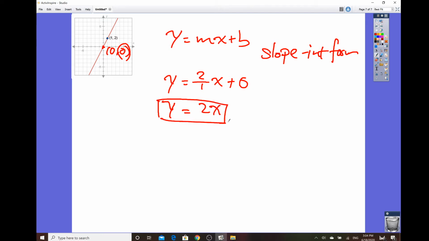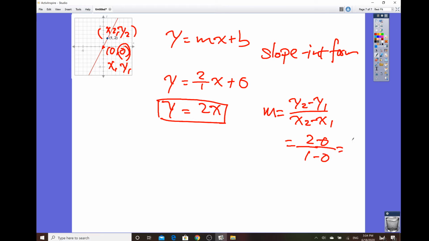That's it. Another way you can find the slope is by using the slope formula, which is y2 minus y1 over x2 minus x1. Since we do have 2 points, we can use the slope formula. We'll just label it: 0, 0 is x1, y1, and 1, 2 is x2, y2. So using the slope formula, we have y2 minus y1, so 2 minus 0, over x2 minus x1, so 1 minus 0.